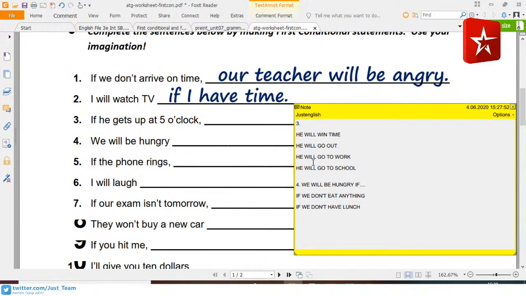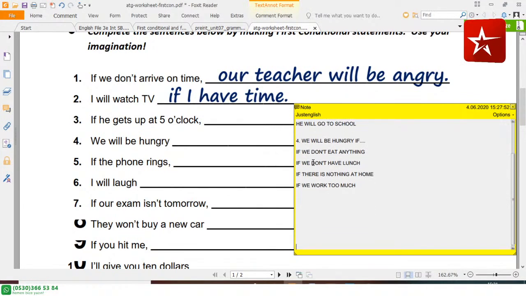Or if there is nothing at home, we should write like this, Yusafa: if there is nothing at home, we will be hungry. Yes. Or if we work too much, we will be hungry. We will be hungry if we work too much.